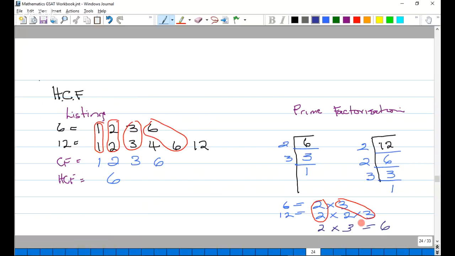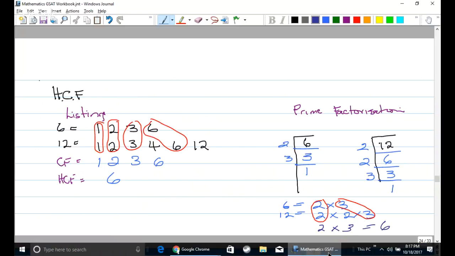Listing or prime factorization? Sir, prime factorization. Why would I want you to do it that way for exams? Because it is much shorter, sir. All right, so it's a shorter way of doing it. It's faster to do it that way than to use listing. But you still need to know the listing method. Clear? Yes, sir.